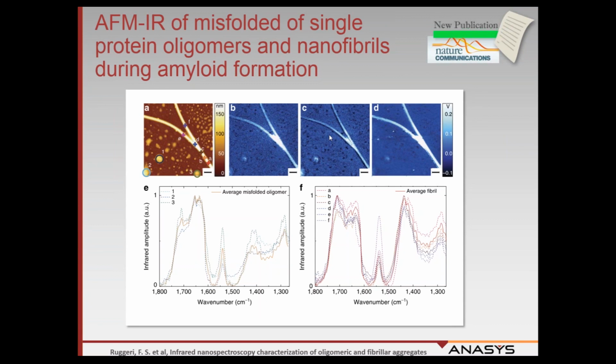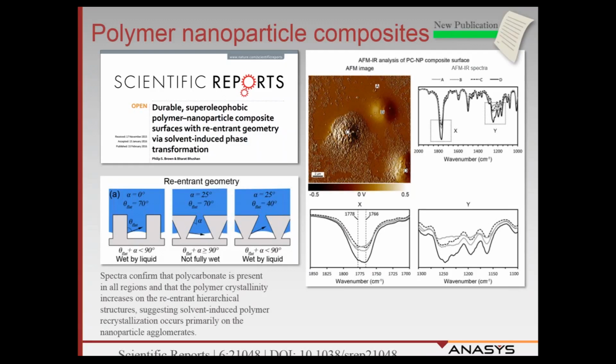Another example, this one from the US, Bharat Bhushan's group, have been looking at nanoparticle composites, where the nanoparticles have been engineered to have re-entrant geometries that control the wetting between the solvent and these nanoparticles.